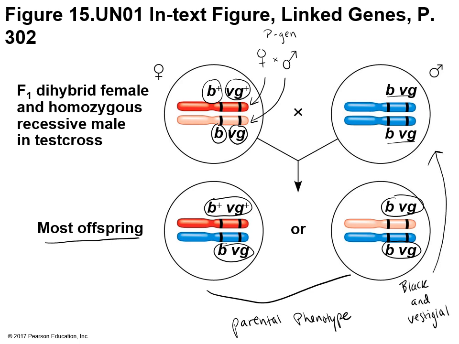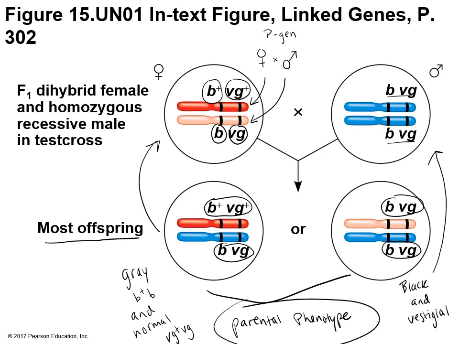And the other offspring is going to have a gray body, which was B plus B, and normal wings, which was VG plus VG, and that looks exactly like the parent here. Okay, so these are the parental phenotypes, but did all of the offspring look like this?